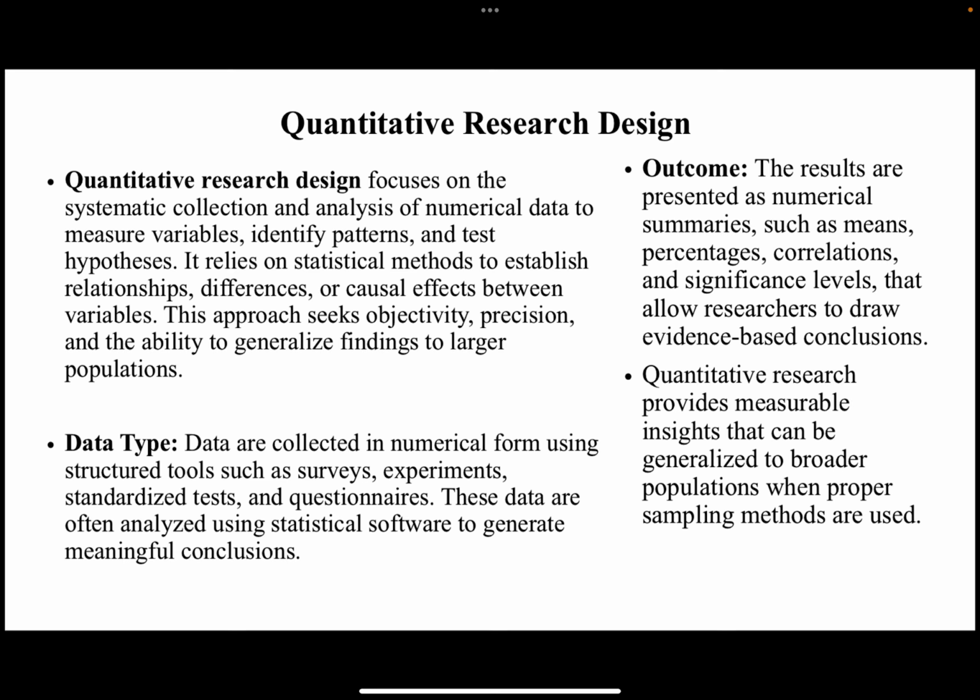Now, one key thing about quantitative design is that you can use both primary and secondary data. When we say primary data, we mean first-hand data. For example, you issue a questionnaire, and the information you take first-hand is primary data.